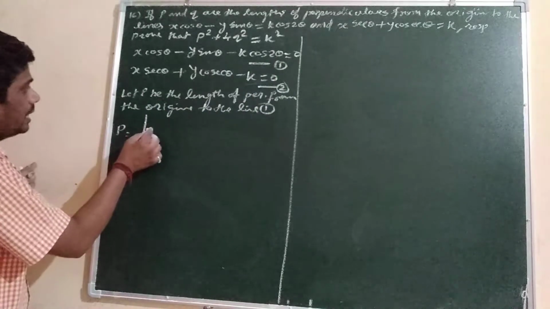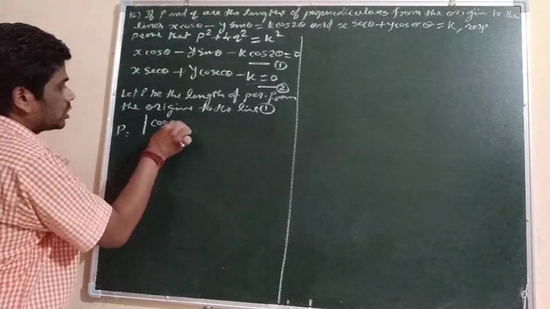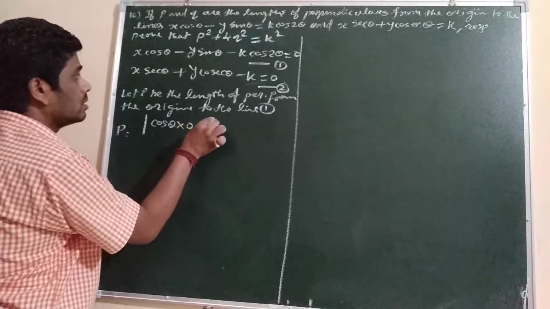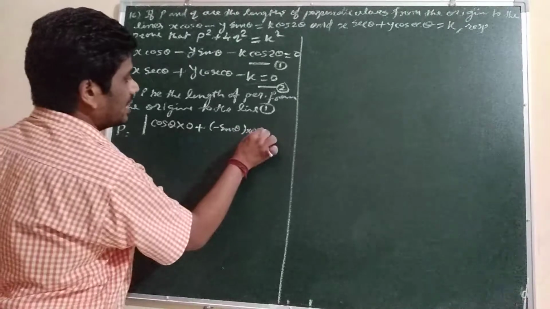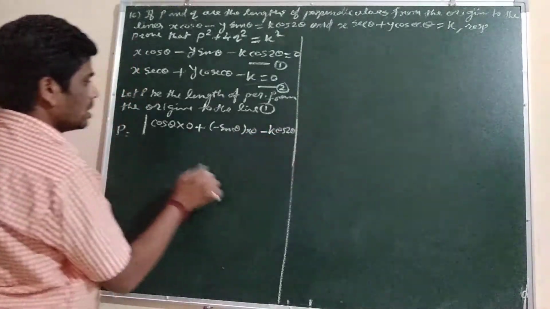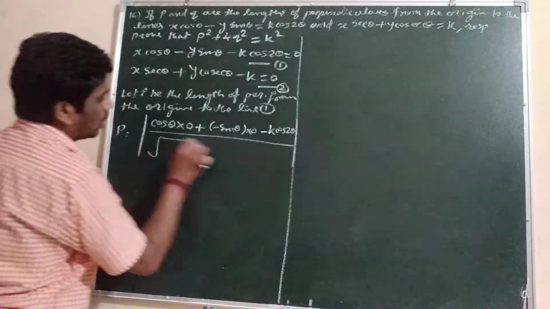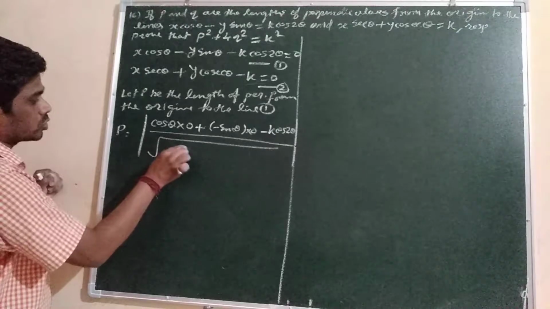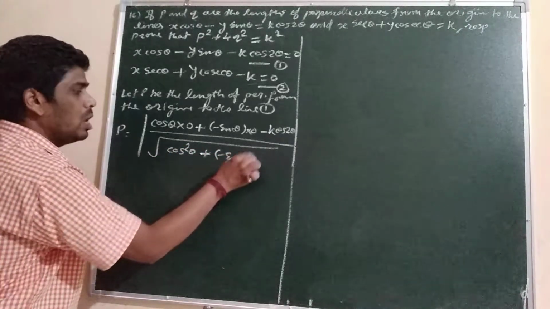So we write cos theta into 0 plus minus sin theta into 0 minus k cos 2 theta upon the square root of a square plus b square, which means cos square theta plus minus sin theta whole square.